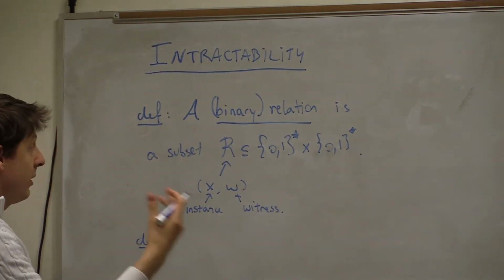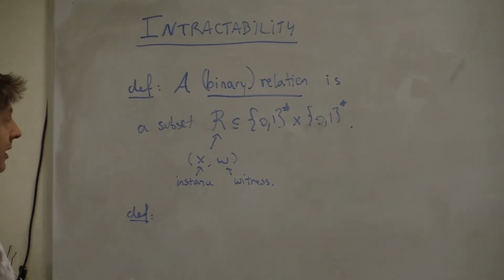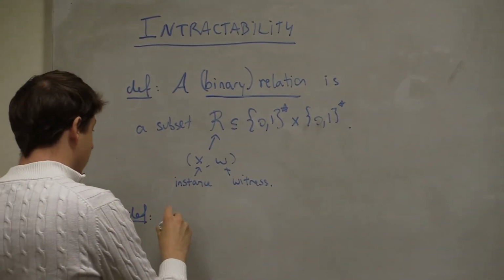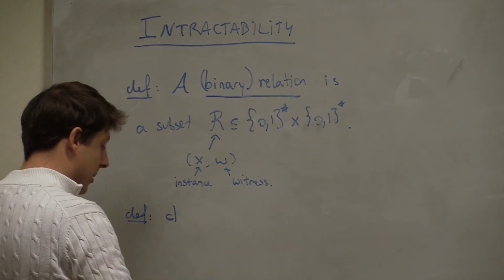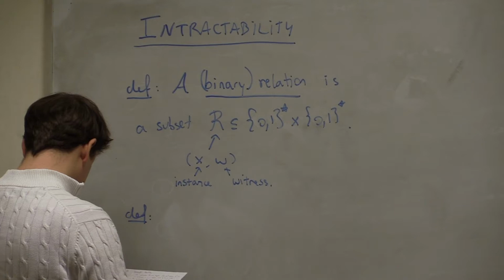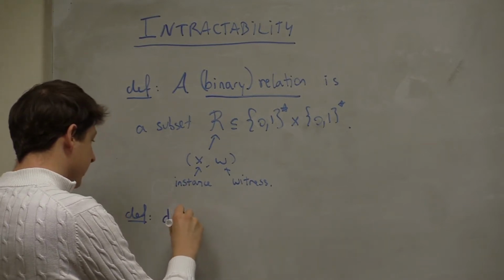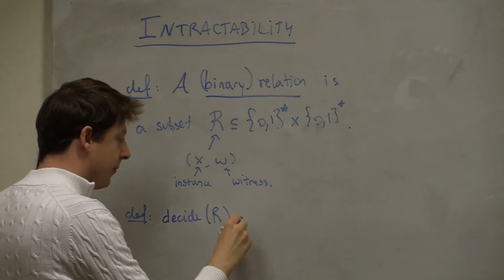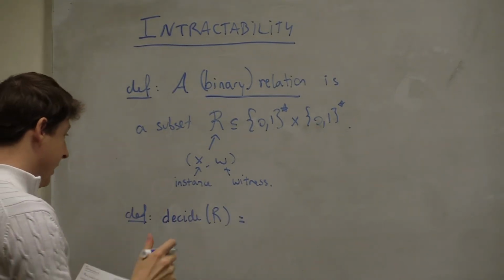Now, whenever you give me a relation, the relation defines two natural computational problems. One we're going to call Decide R, and it is the following problem.